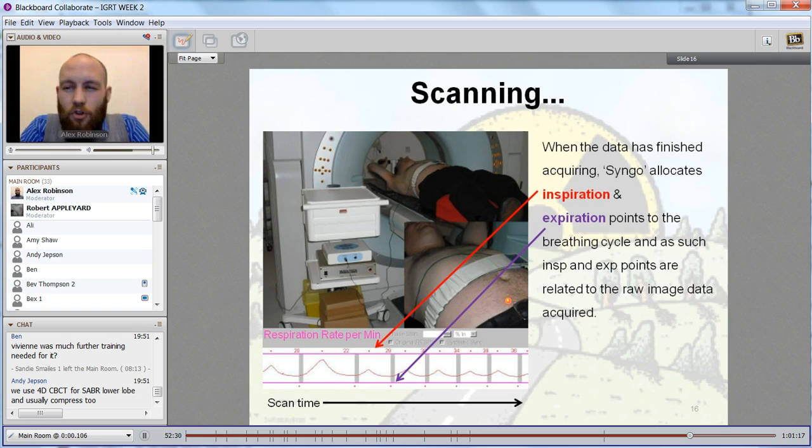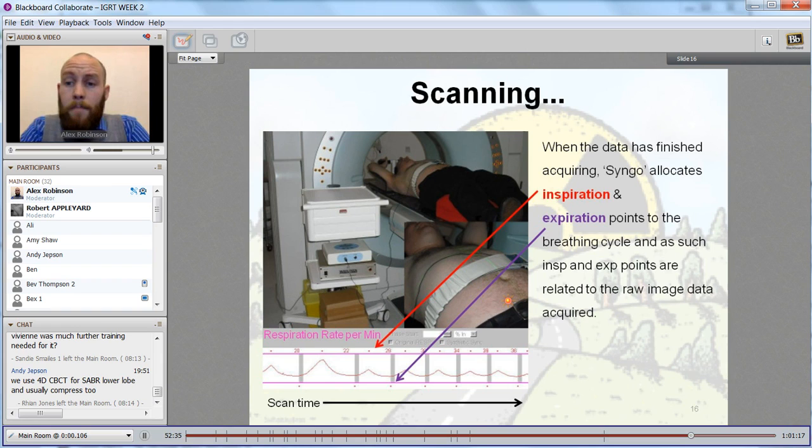Now, if we consider trying to do a deep inspiration breath hold with a lung patient who has already got minimal lung volume, due to the fact that essentially they've had surgery and they've either had wedge resection, lobectomy, pneumonectomy, then the likelihood of them being able to comply is the issue. And especially as we then give them radiotherapy, we're going to cause inflammation. I think that's in essence the reason why we would need a 4D rather than a deep inspiration breath hold.